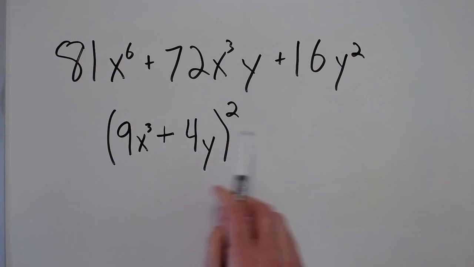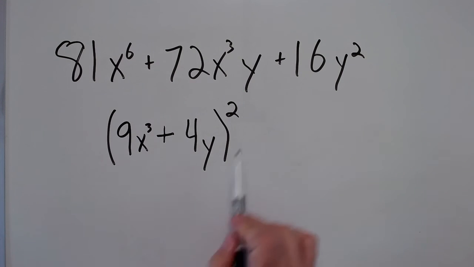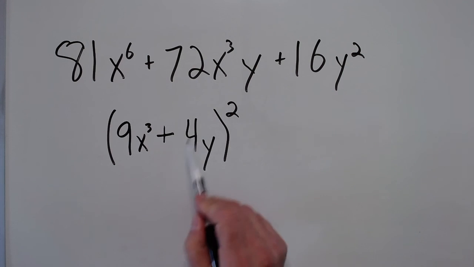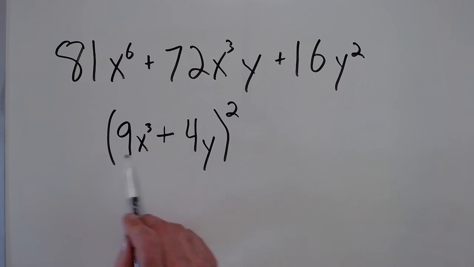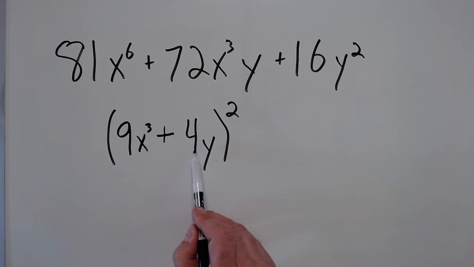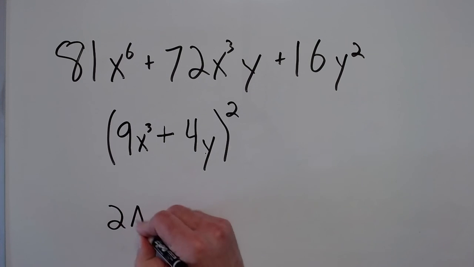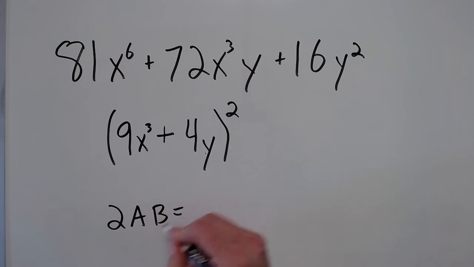Now let's just think about this for a second. Does this make sense? If we were to FOIL this out, we'd end up with 9x cubed squared. Yep, that one matches this. And this is our squared term. So 9 times 4 is 36 times 2, times x cubed y. So 2ab. I'm going to write this out just so we have it. This is the 2ab part of the template.